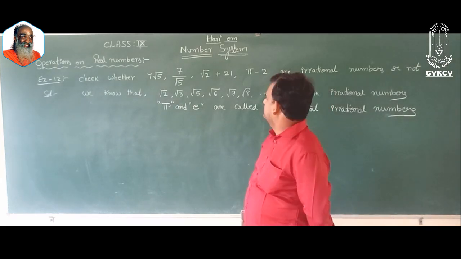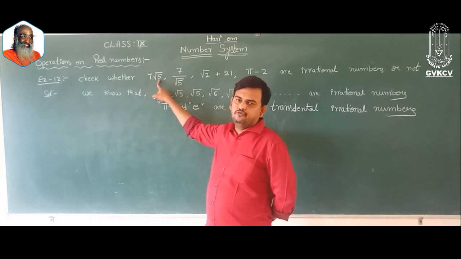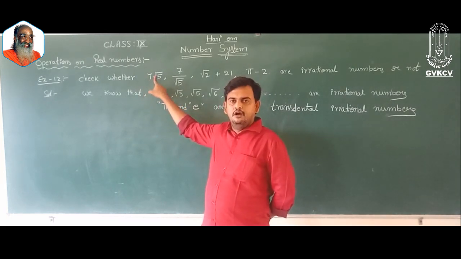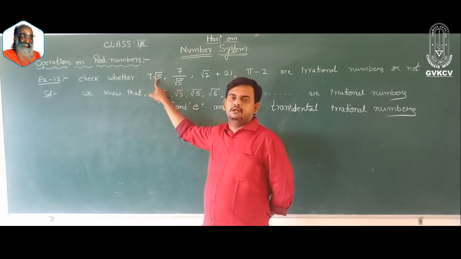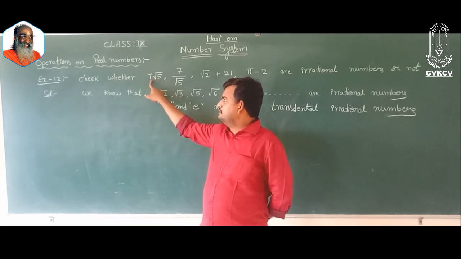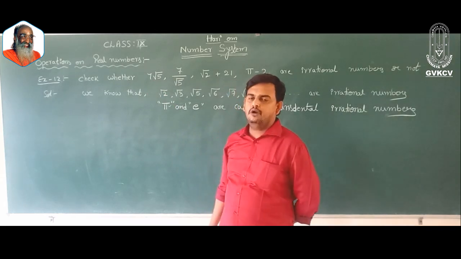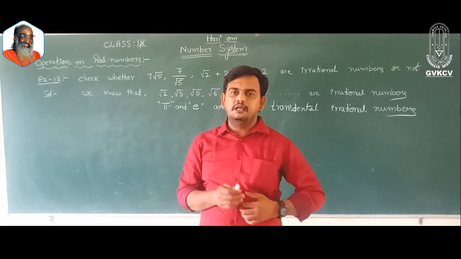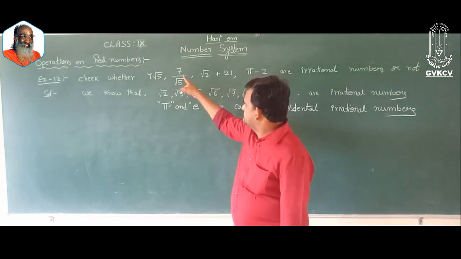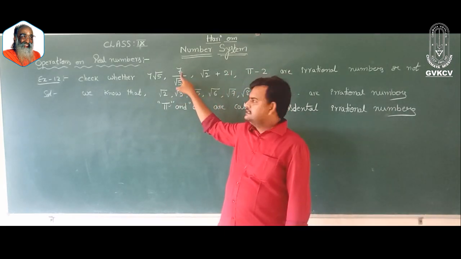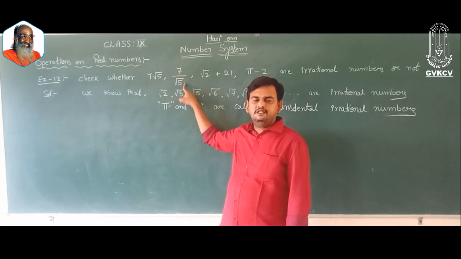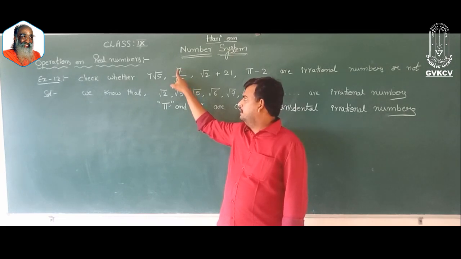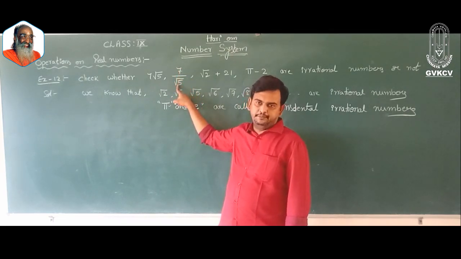Now what we have here is 7 into root 5. As we know, 7 is a rational number and root 5 is an irrational number. So the combination 7 into root 5 is the product of a rational and an irrational. 7 by root 5: 7 is rational, root 5 is irrational, so again we have a rational and an irrational.